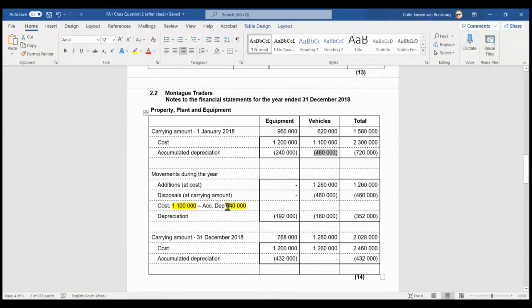We took out 640, so you've got to minus it, right? So that's 480,000 minus 640, and then we added 160. Or if you want to do it the other way around, you can start with minus 480 plus 640 minus 160. That will give you exactly the same figure. How much does it give you, ladies and gentlemen? Let me ask you the question so that you answer it, and then we'll confirm it by looking at the ledger account.